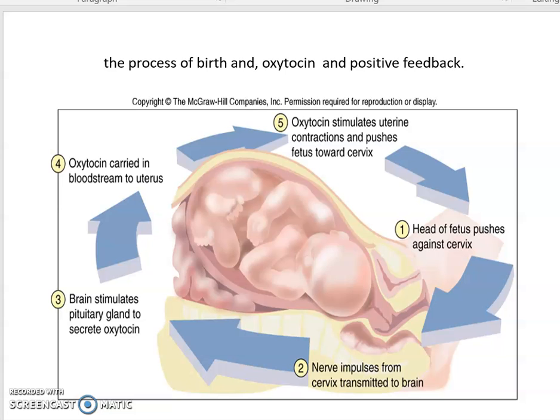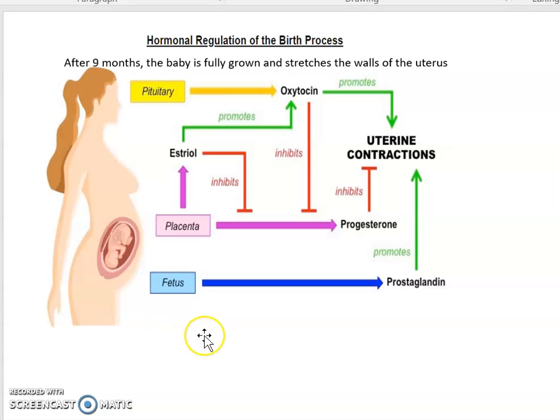So oxytocin is the principal one, but it's not the only hormone involved. This diagram, which comes from BioNinja, summarizes what's going on. So we've got this idea that the pituitary gland making oxytocin is promoting the uterine contractions here. What I also want to draw your attention to is that during pregnancy, progesterone levels remain high. We want progesterone levels to remain high because we don't want the breakdown of the endometrium and a miscarriage.